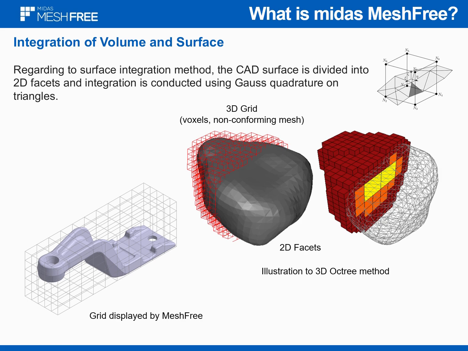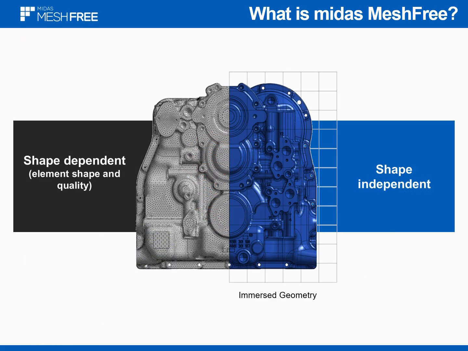So that's the simple grid that you can see inside MeshFree. Now we know how MeshFree works and what MeshFree is. What you should remember is there is no traditional approach inside the software, and convergence will be achieved independently of the shape and quality of the element, since there is no traditional mesh. There is a simple mesh.